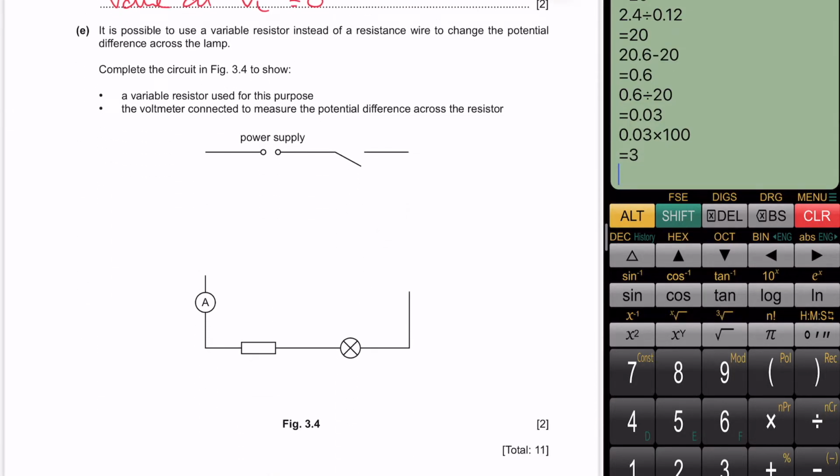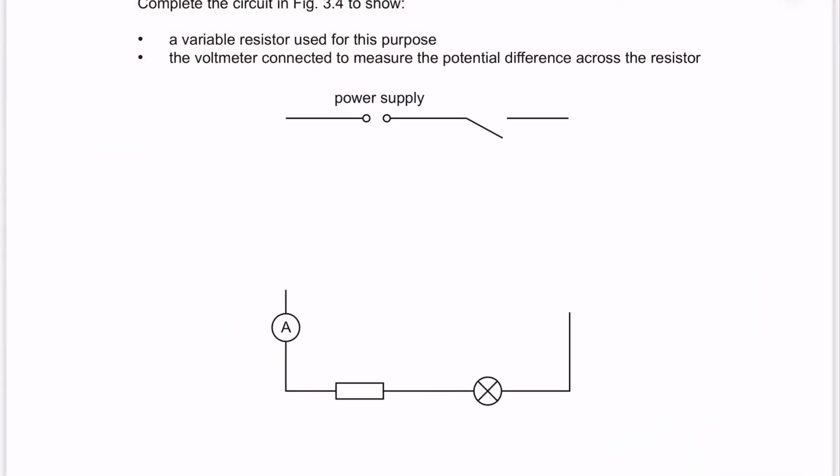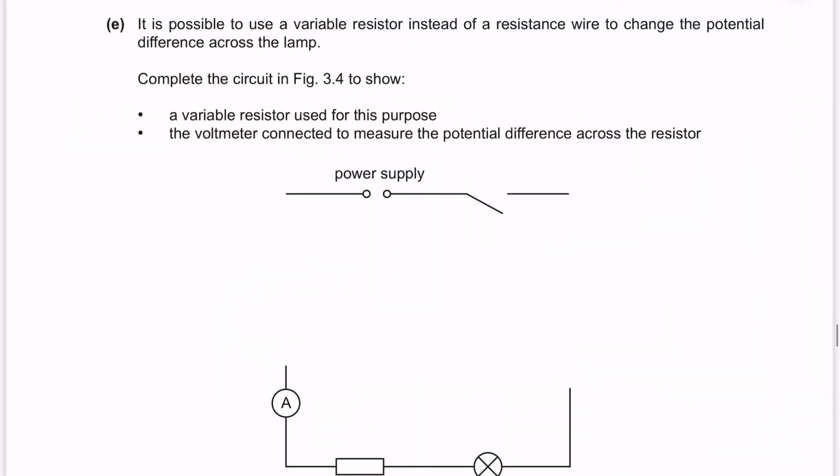E: it is possible to use a variable resistor instead of resistance wire to change the potential difference across the lamp. Complete the circuit in figure 3.4 to show a variable resistor used for this purpose, with the voltmeter connected to measure the potential difference across the resistor. So now we want to vary the resistance across the lamp.